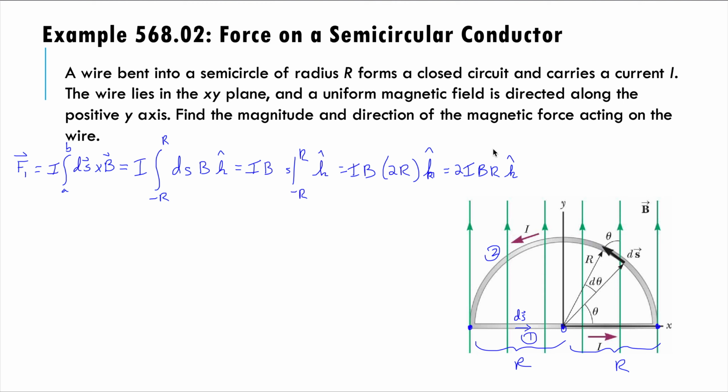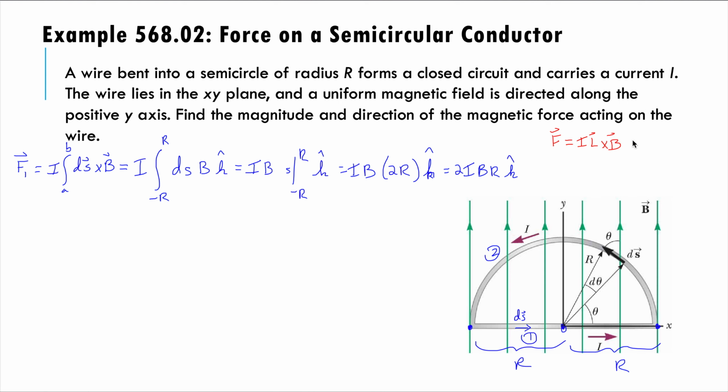Now I just want to remind you that when we do have a straight segment of wire, we don't have to use this equation. We can just use the equation that we found for a straight wire, which is I L cross B. We can use this one for a straight segment of wire.